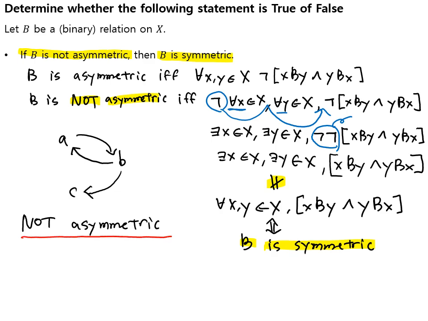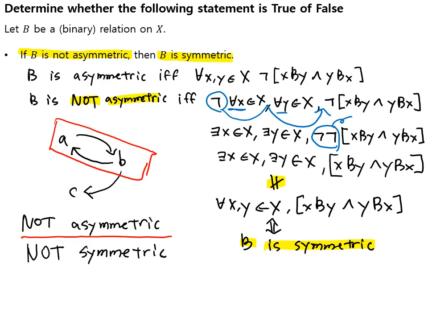It's not asymmetric because of this example here. But we can also see that it is not symmetric either, and the reason is that there exists this pair here. In this pair, B is related to C, but C is not related to B. So it's not symmetric. So the statement is false.